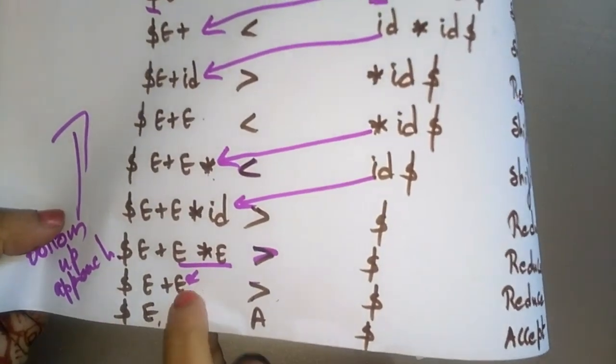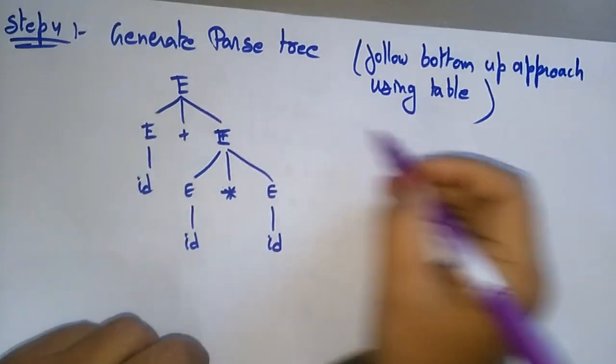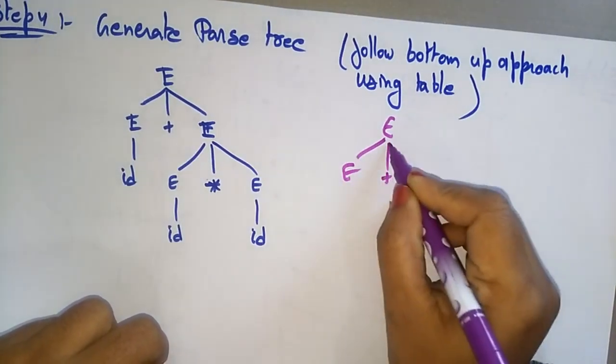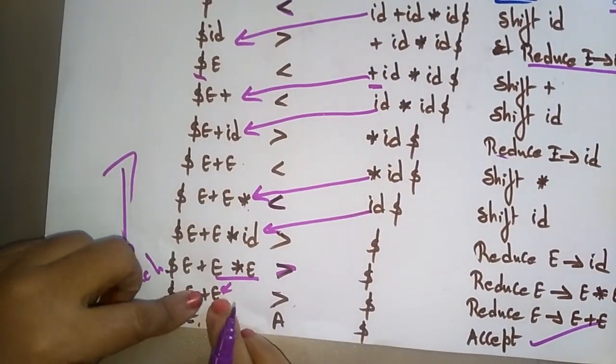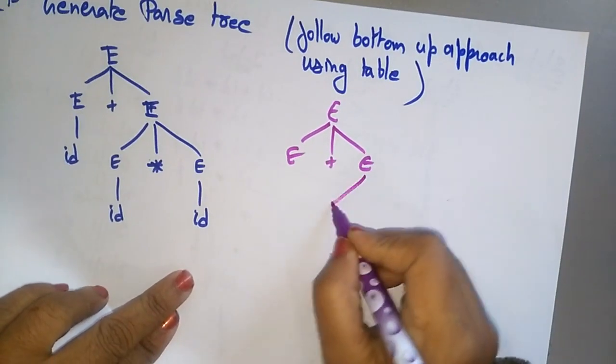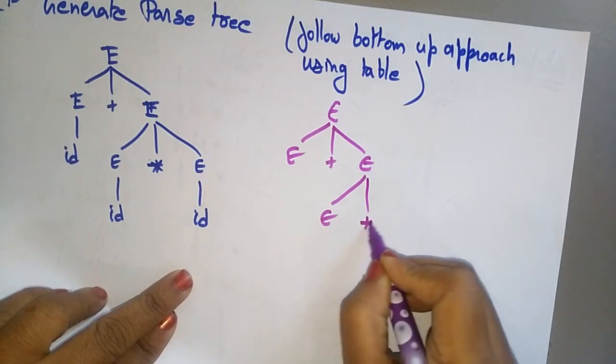So just take first E. So E is replaced with E plus E. In the second step, this E is replaced with E star E.